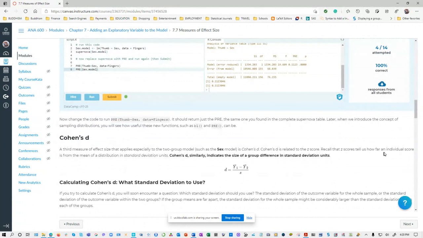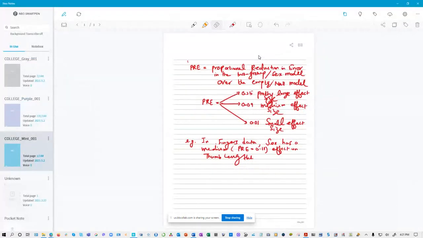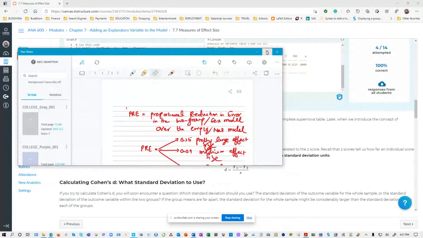Recall that the z-score tells us how far an individual score is from the mean of the distribution in standard deviation units: y minus y bar, divided by s. Now Cohen's d is denoted by simply d.